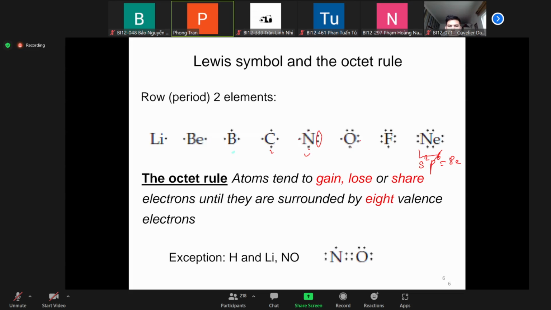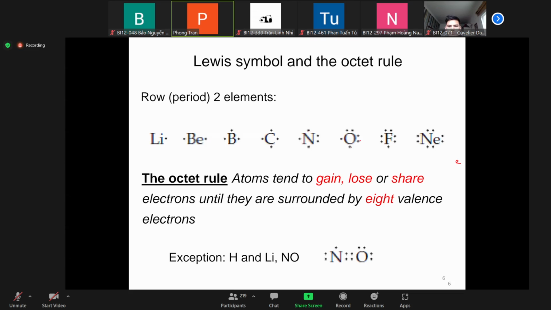Now, when describing chemical bonding, you need to consider a rule, which is the octet rule. The octet represents 8. Okay, so the famous "oct" in the Greek language is 8.